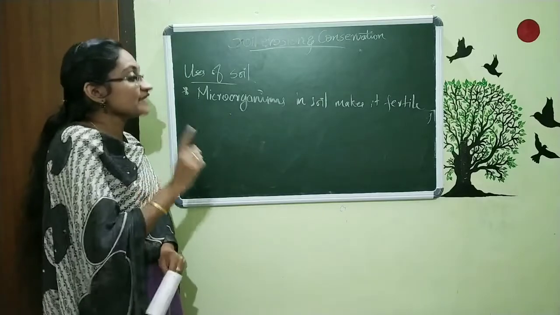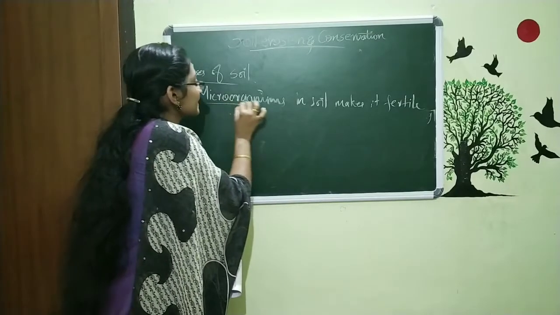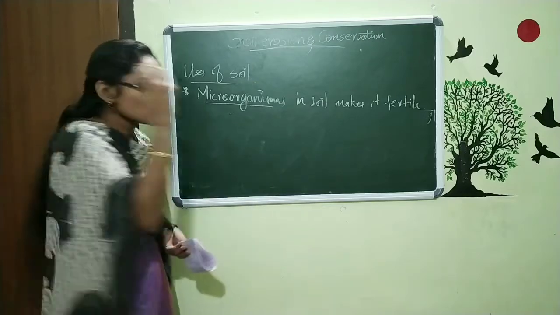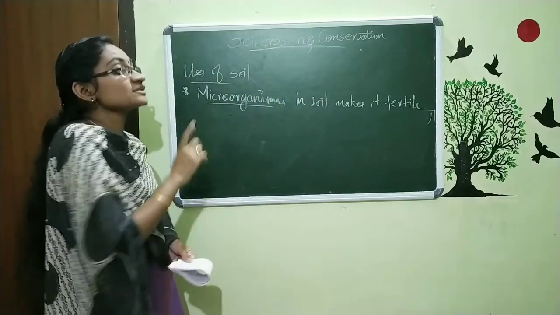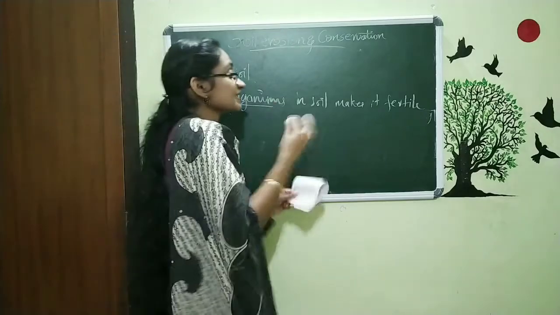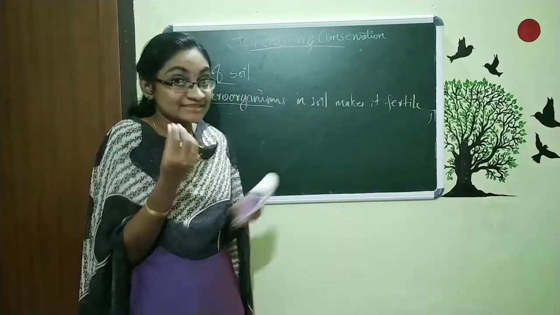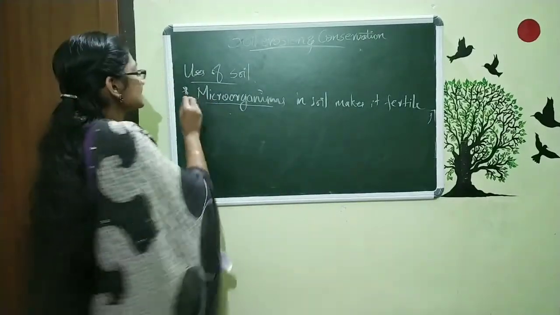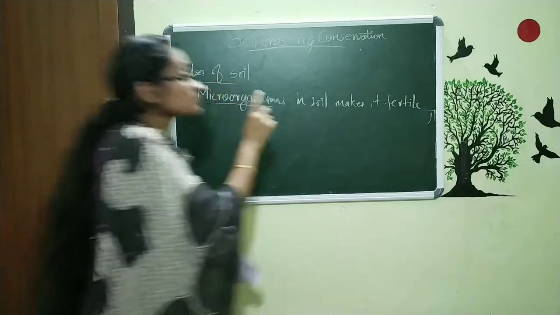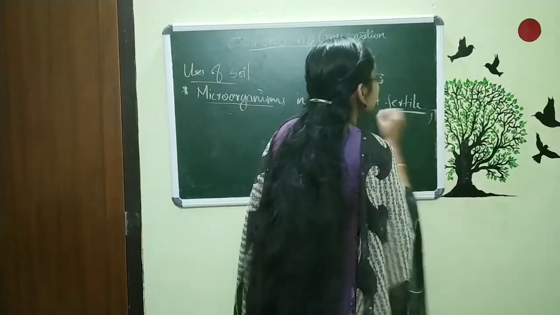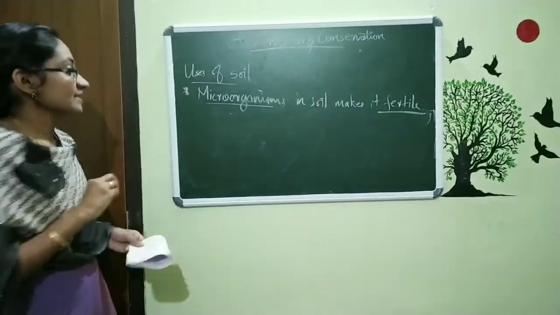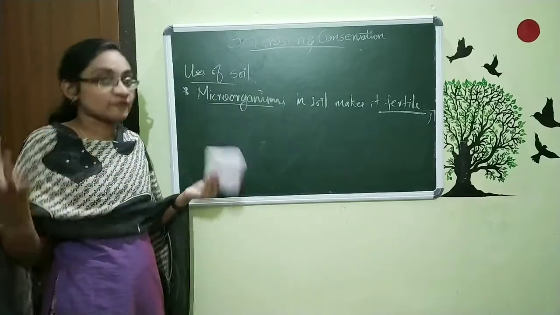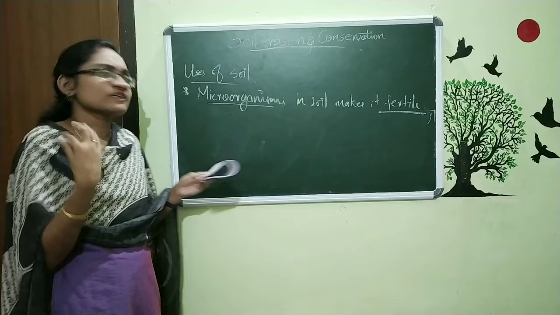All the dead remains are decomposed by the microorganisms, and they convert this into fertile soil. So it increases the fertility of the soil. That means our soil is very rich in minerals and all such things. So this is the next use: microorganisms in soil make it fertile. This fertile soil makes the plants grow very fast, and that's how we get food very fast.